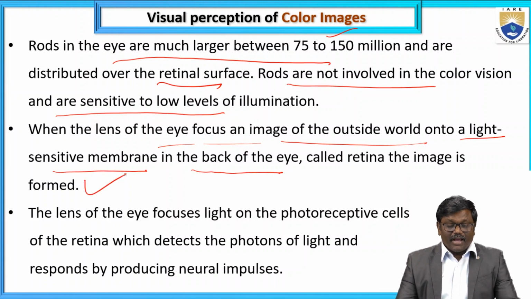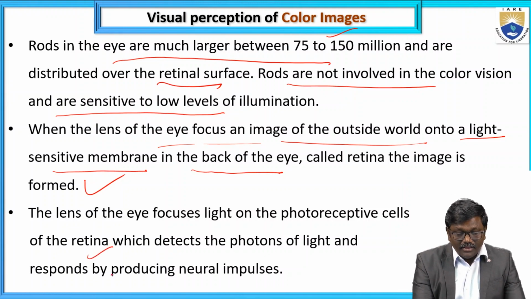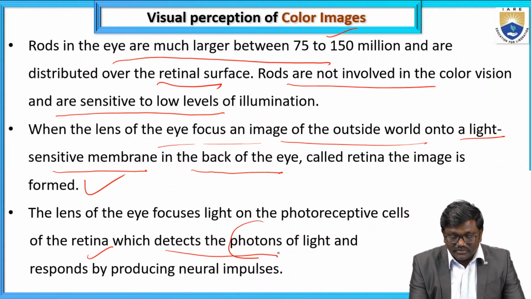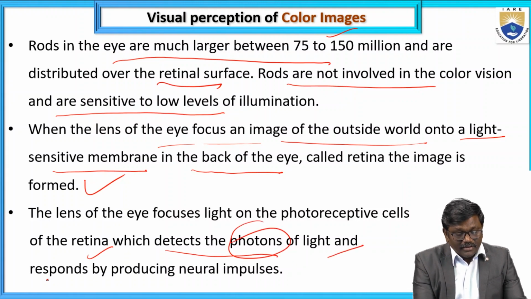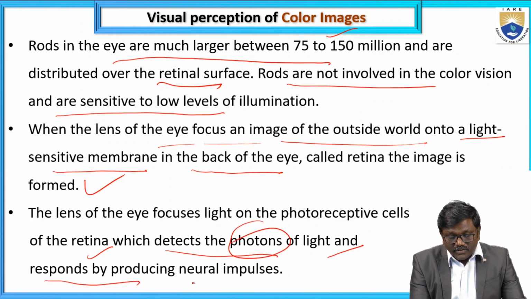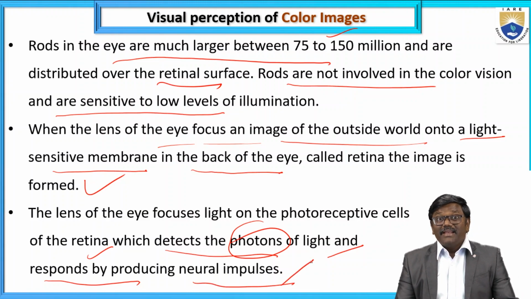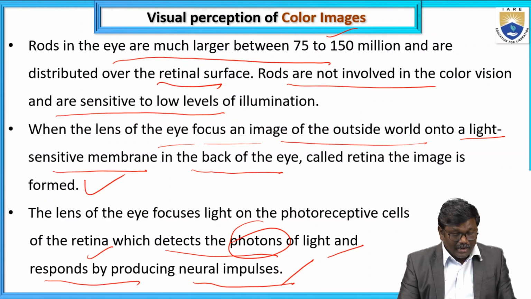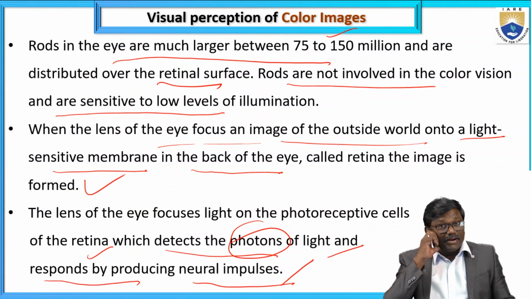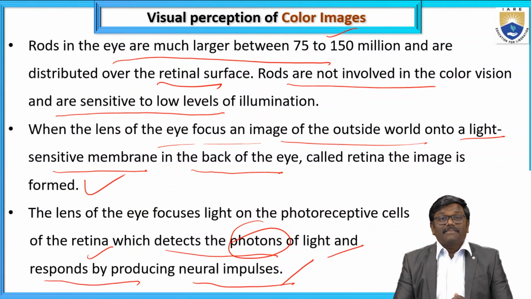The lens focuses light on the photoreceptor cells of the retina, which detect the photons of light and respond by producing neural impulses. This is the main information that happens at the internal part of the eye.